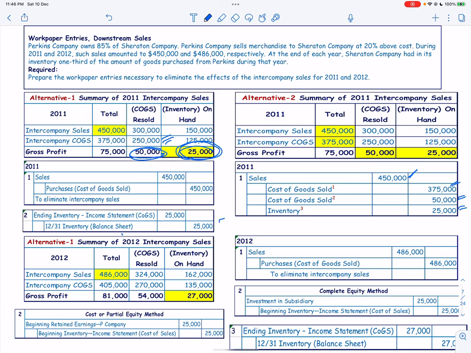So this has also to be eliminated. So basically, it is the same entry, that is, rather than we credit by 450,000 the purchases, sorry, what we have done is we have split it into 375 and 50, that makes 425, and then we have eliminated the overstated ending inventory as well.